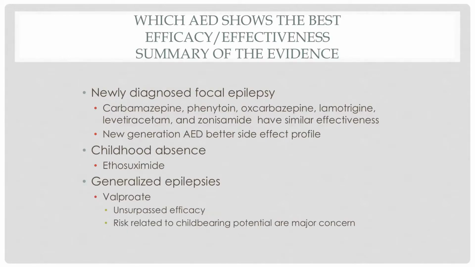For generalized epilepsy, valproic acid has been shown to be by far the best. So unfortunately, there are a lot of issues with women of childbearing age, who may have a lot of side effects, and the fetus might have some issues with that also.